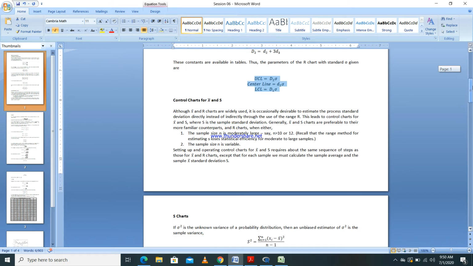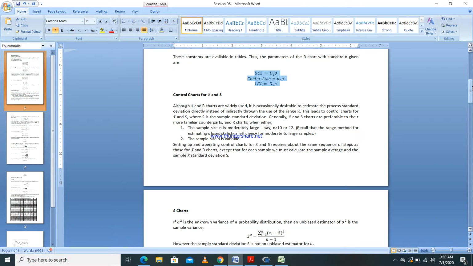And then the next thing is we discuss the X bar chart and the S chart as well. I told you, when you have a process and you are given the data, the first thing that we do is go for an R chart, construct our R chart and check whether our process is in control, right?